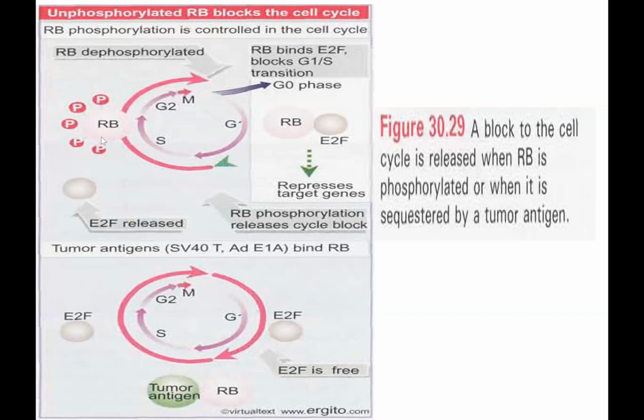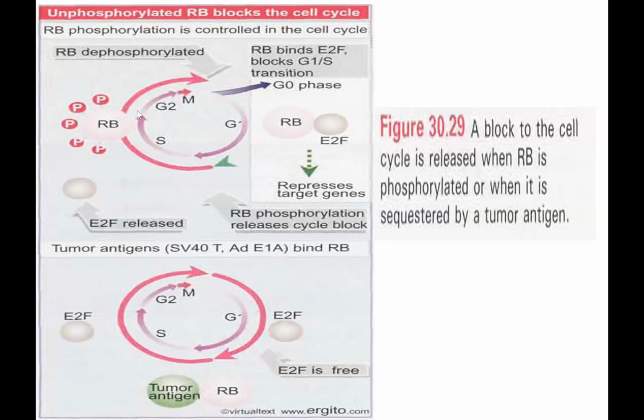So as long as this RB factor remains in a phosphorylated state and is not available to complex, the cell will keep on dividing. And that is what happens in retinoblastoma, that this protein is not available at all, and therefore this E2F factor comes into play and makes these retinal cells divide without any control.